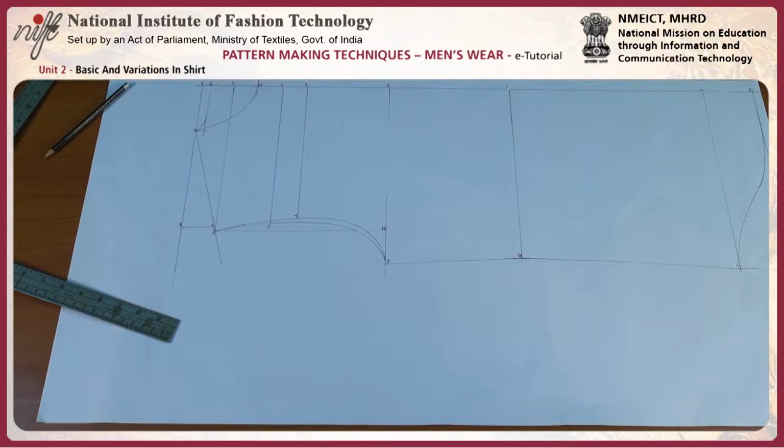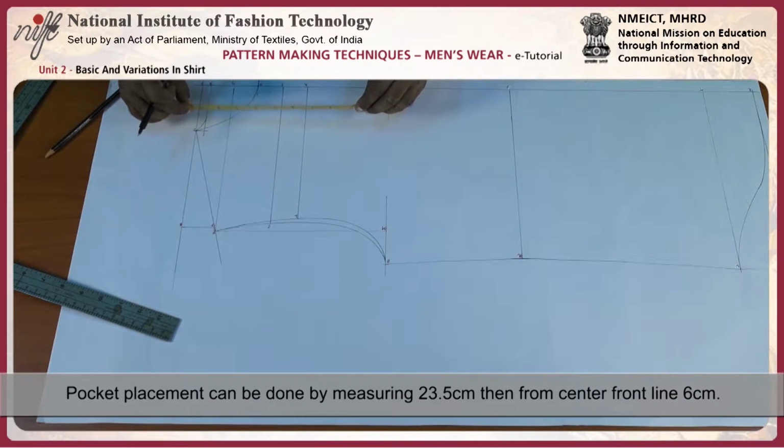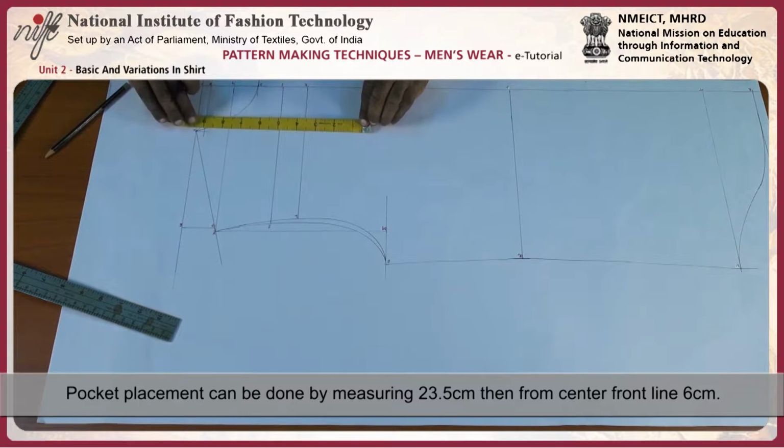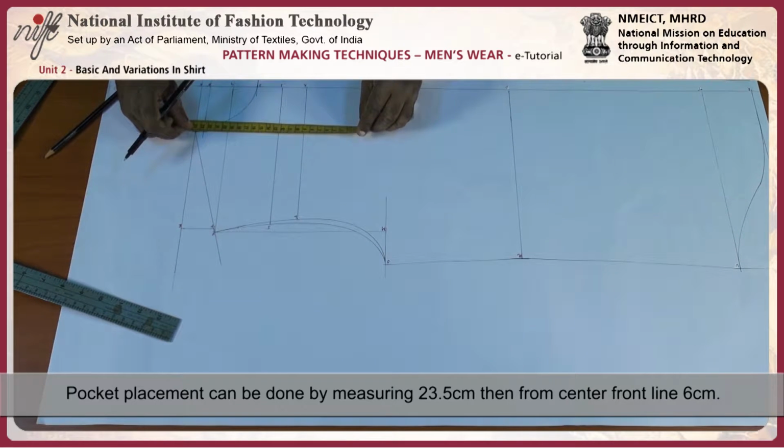Now let us move to pocket placement. Pocket placement can be done by measuring from HSP (23.5 centimeters).